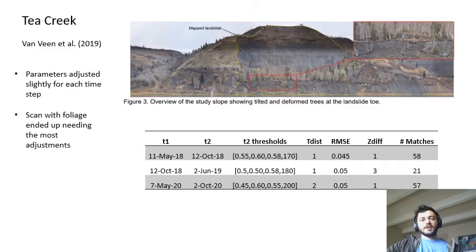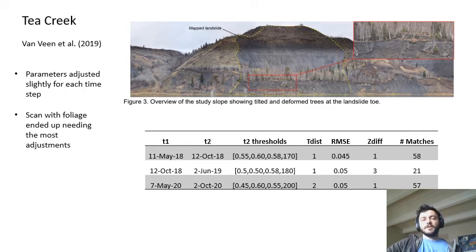So what this ultimately leads to is case studies where we apply this algorithm and understand the tree movement on a landslide. So this particular landslide is the case study that we developed the algorithm for and are demonstrating results on. And we had 6 different lidar scans for this landslide.